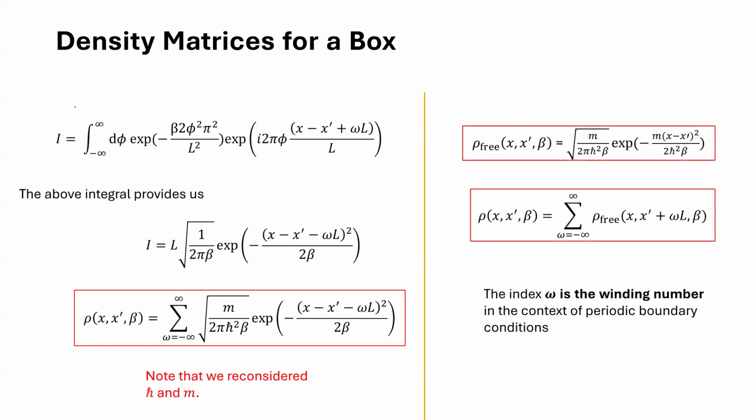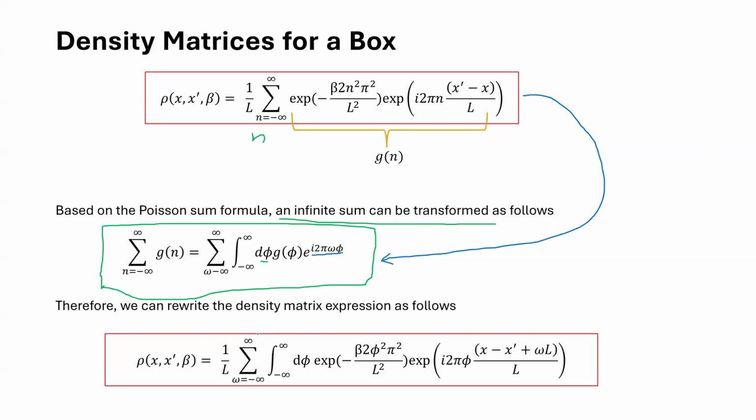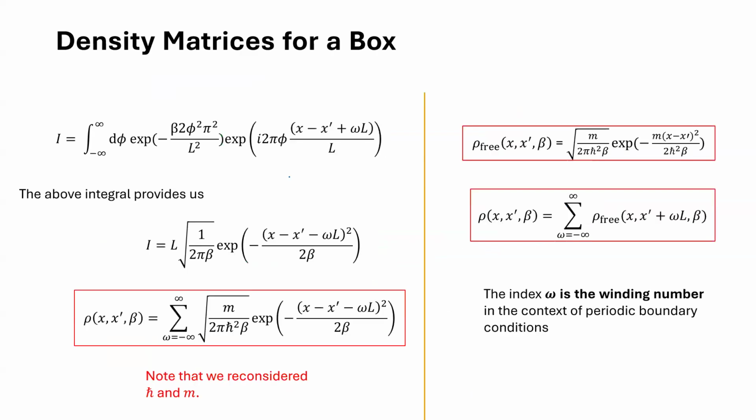Okay, let's consider this integral within this summation. We are going to solve it. If we integrate this, the solution is equal to L times the square root of 1 over 2 pi beta, times exponential of minus (x minus x prime minus omega L) squared over 2 beta.